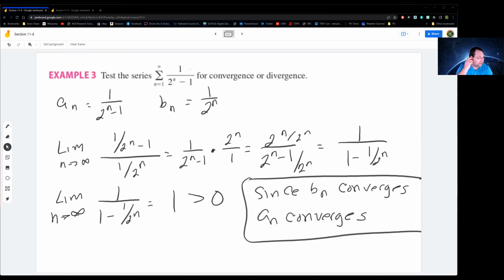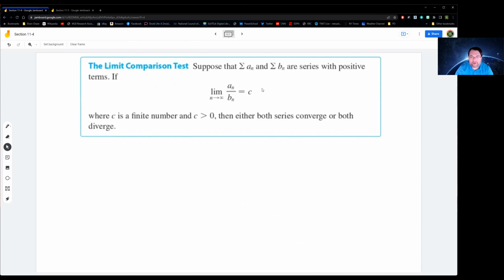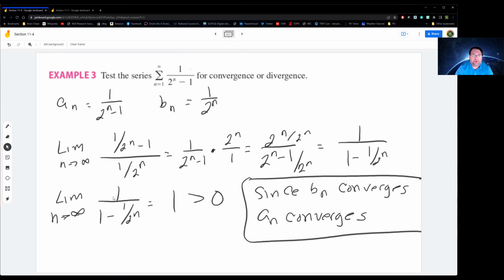Wait, say that last part again. I don't understand. The rule for the limit comparison test said that whatever this value, C, is, it has to be greater than 0 and be a finite number. So in this case, my limit came out to be 1. So that's C. C is greater than 0 because 1 is greater than 0.